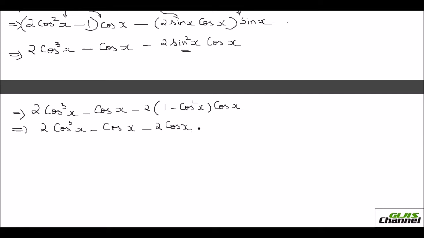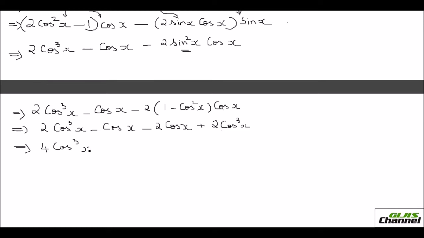plus 2 cos cubed x, right? Because you have 2 times cos square x, so cos cubed x. Put the like terms together, so you get 2 cos cube x here and 2 cos cube x here, so together they make 4 cos cube x.